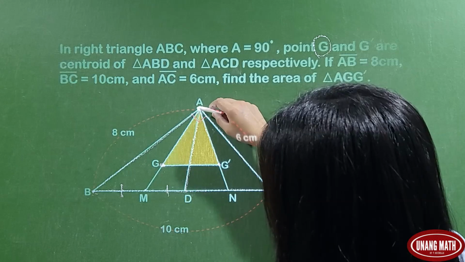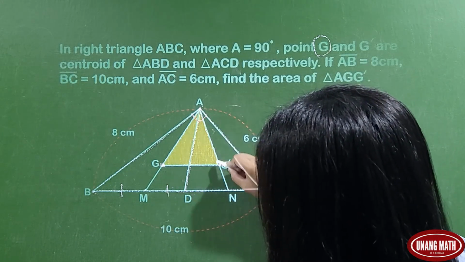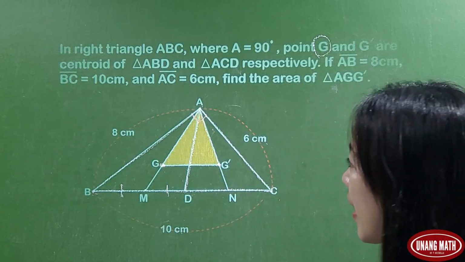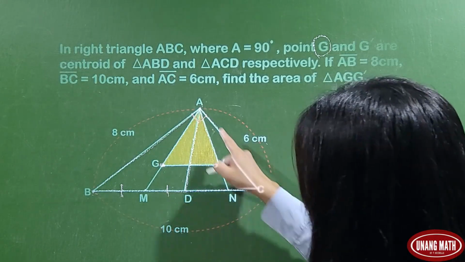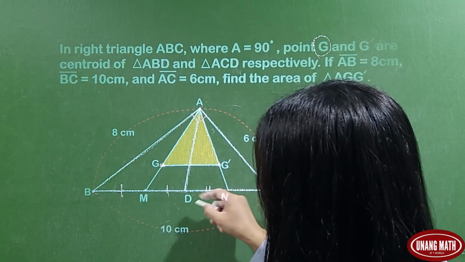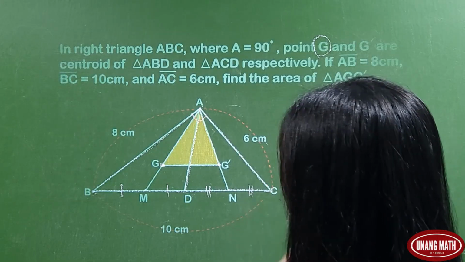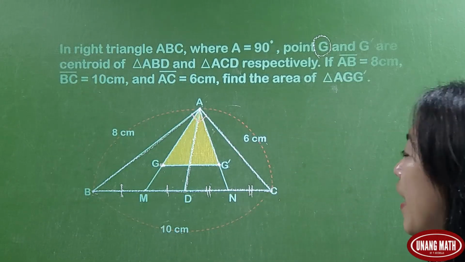Also, from this vertex to this midpoint, segment AN is a median for this triangle ACD. So if this is the midpoint, then segment DN and segment NC are equal in length.